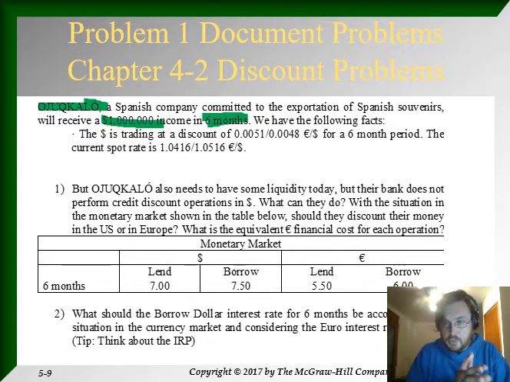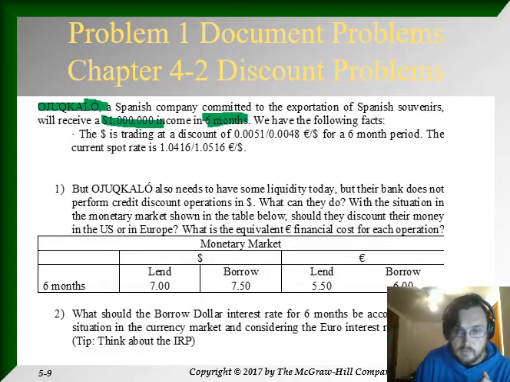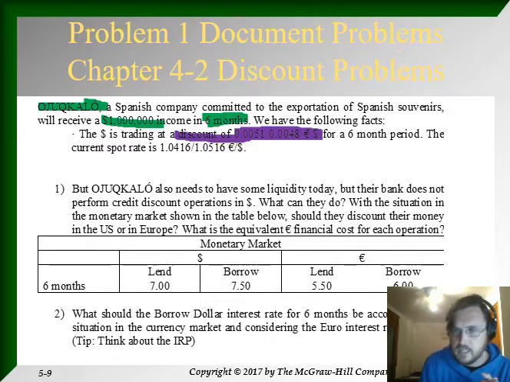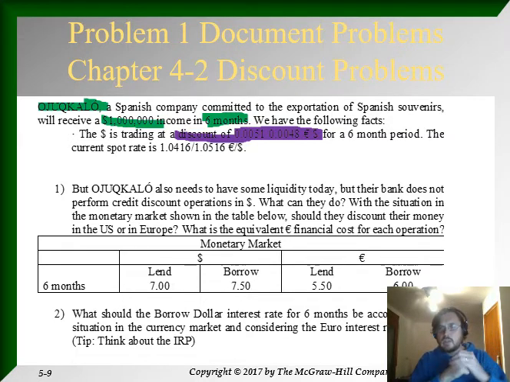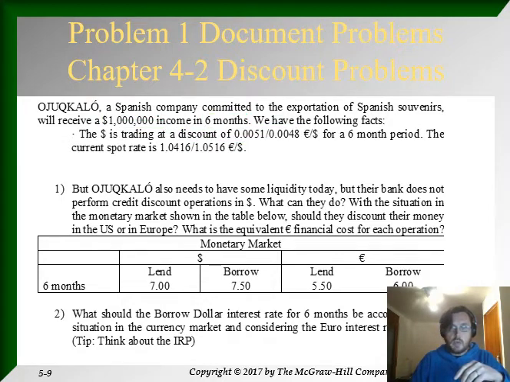So let's perform the operation with this situation. First, before we start, you realize here we have the discount points of 0.0051 and 0.0048. Those are discount points, swap points. Those are not the forward rate for 6 months that we need to perform the exercise. So what do we need? Remember, we need to compare the discount points.